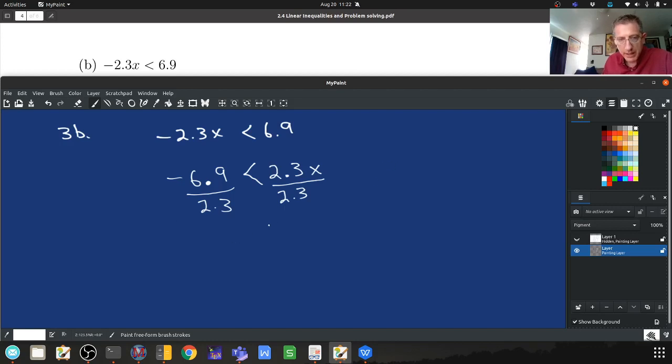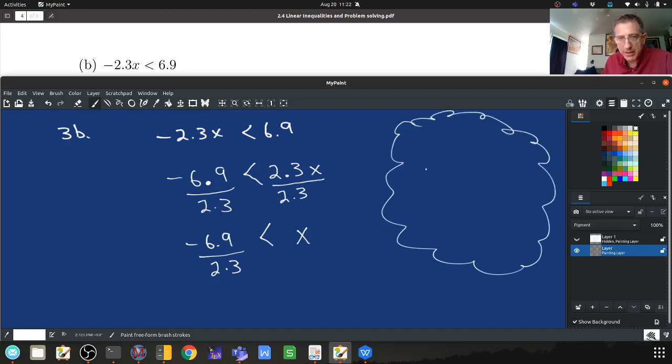So this gives us that x, I told you I was going to go ahead and solve it, is greater than minus 6.9 divided by 2.3. We don't want that number, and I don't want you to get a calculator. I want to get rid of those decimals, don't I? So I'm going to multiply it by 1, 1 disguised in the form of 10 divided by 10.